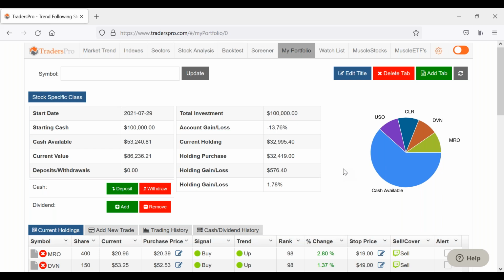But I'll get emails, and I have gotten emails recently of, Terry, you're all in oil stocks. Where's your diversification? Shouldn't we be diversified? And like I said, I don't like the idea of being diversified for diversified's sake.